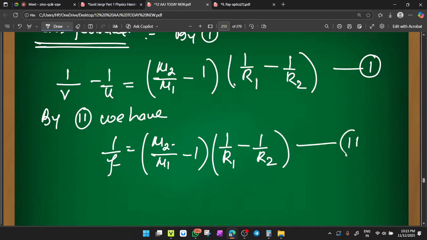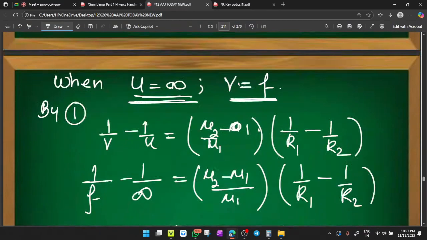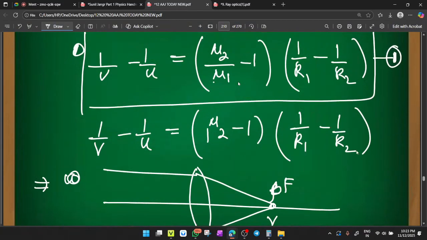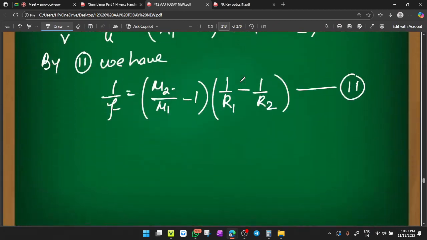This is equation number 2. Yes or no, student? We just derived these two equations. Agree or not? Now just divide 2 by 1.